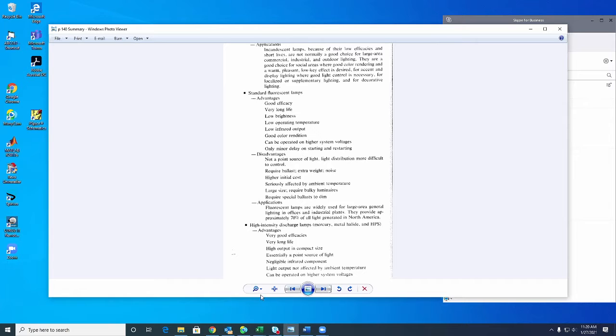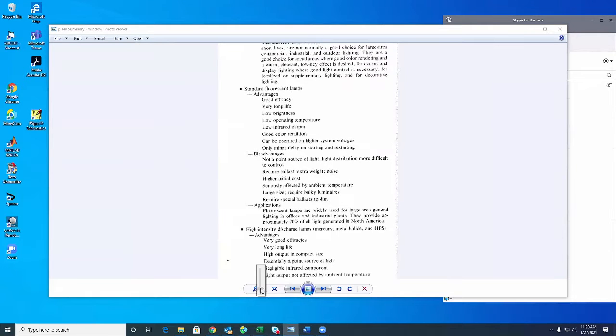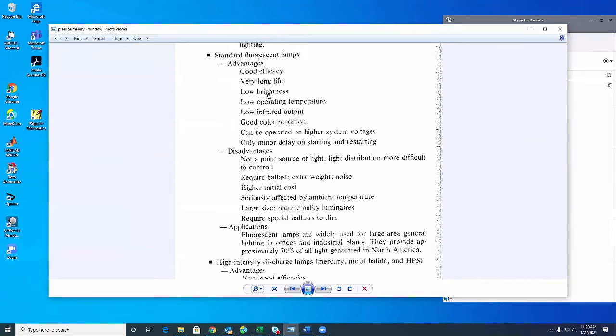Advantages: better efficacy, long life, low brightness, low operating temperature, low infrared output, good color rendition, higher system voltages. We cannot dim the fluorescent. Disadvantages: they require a ballast.